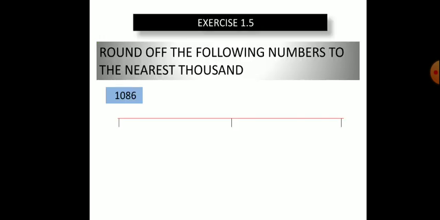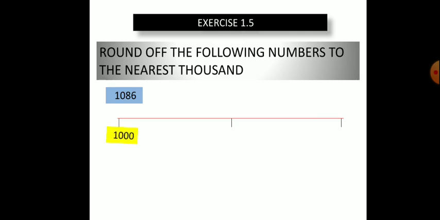Children, here I have solved some sums randomly of exercise 1.5. Round off the following numbers to the nearest thousand. First one is 1086. So first we will mark those numbers between which 1086 will come.